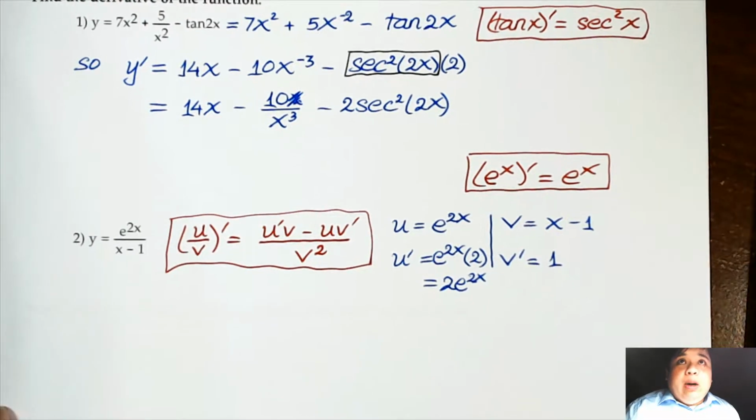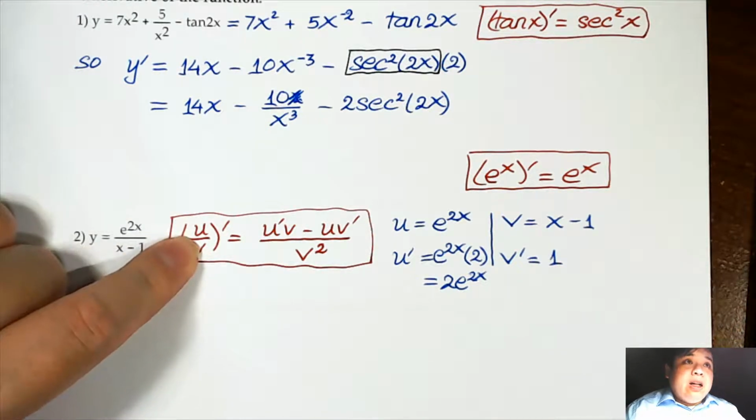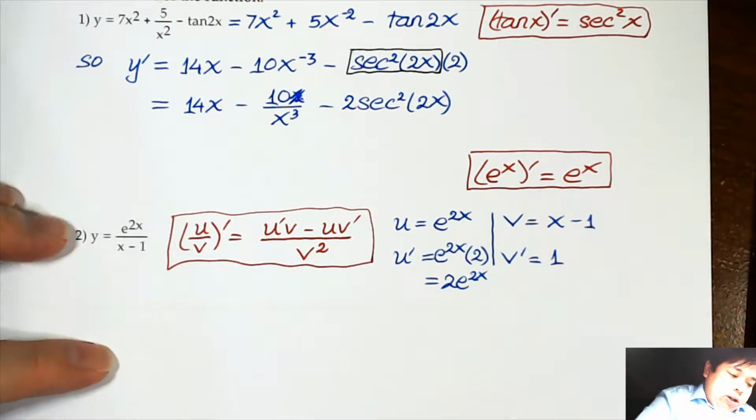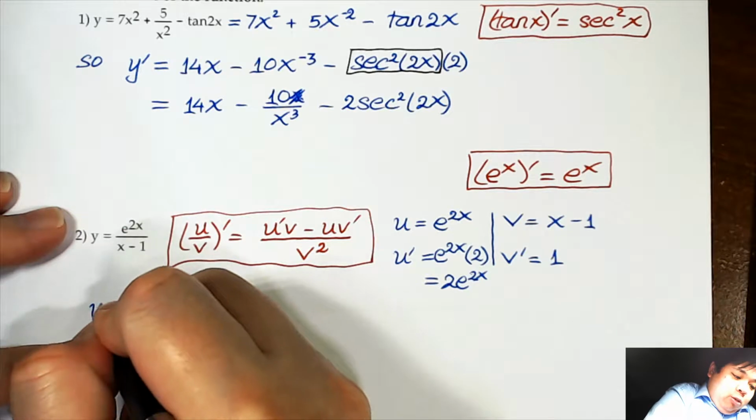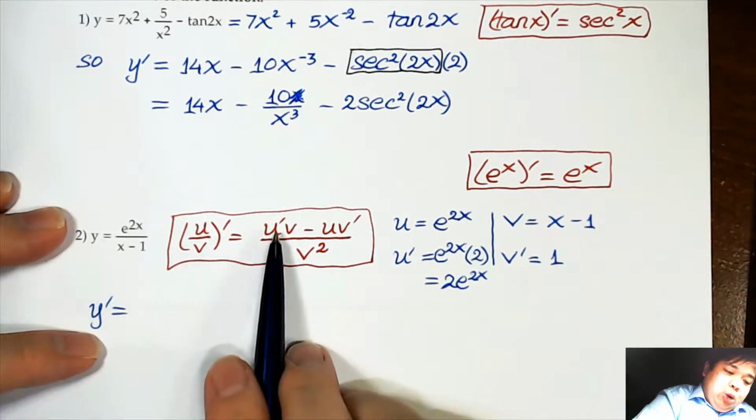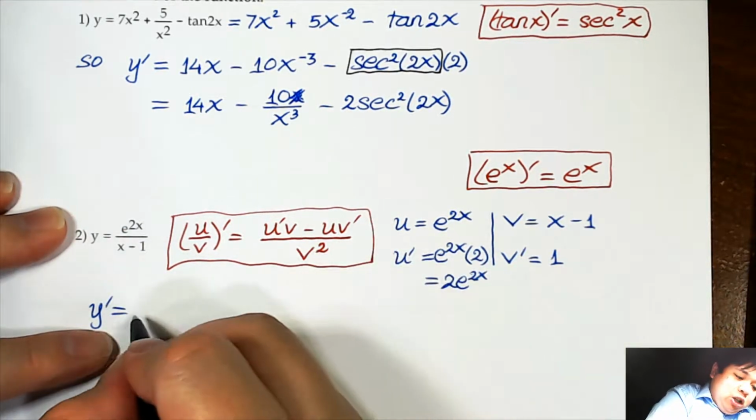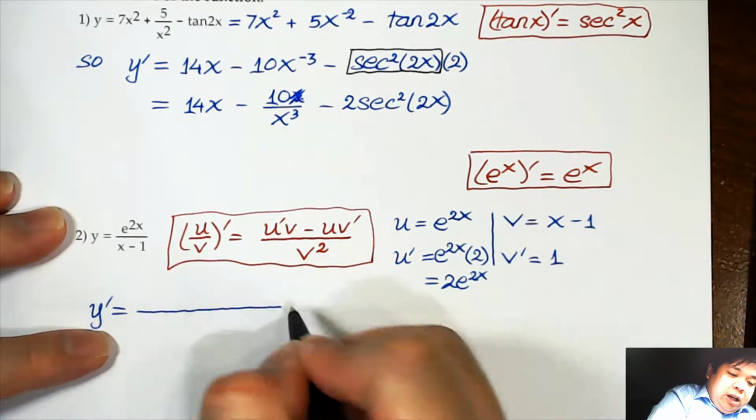Right? And then we put everything in this quotient rule. So we have y prime equal to u prime v minus u v prime over v squared.